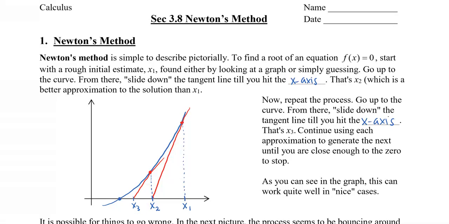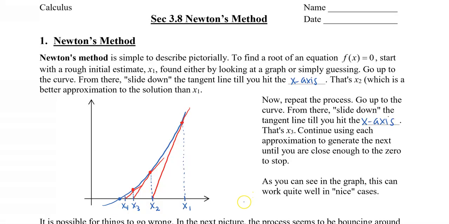And then I'm going to continue this process until I get closer and closer to the root. So I'm going to go up to the curve. Where I hit the curve, I'm going to then slide down the tangent. And this will now be x4. So as you can see, as I go up, slide down the tangent, go up and slide down the tangent, I will get closer and closer to the root.